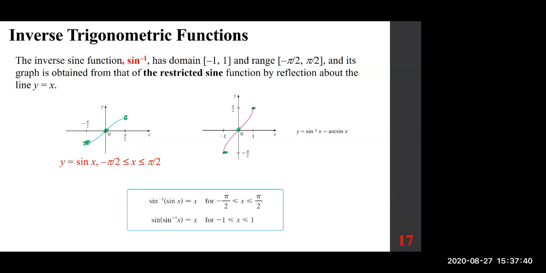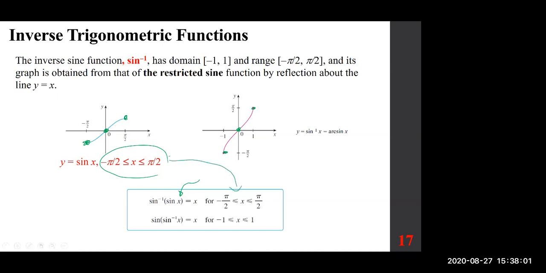Now, understand what happens for this to be true, okay? For this to be true, you have to pay attention to the domain of this x. Domain of this x is this, okay?